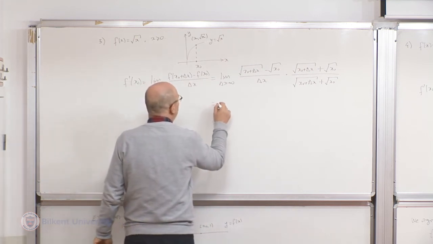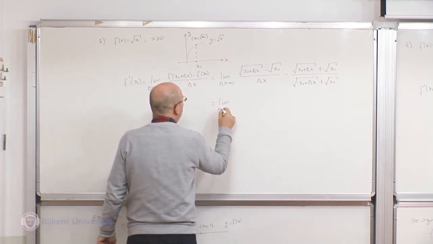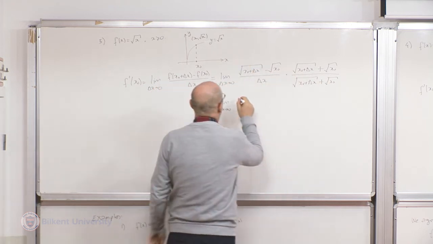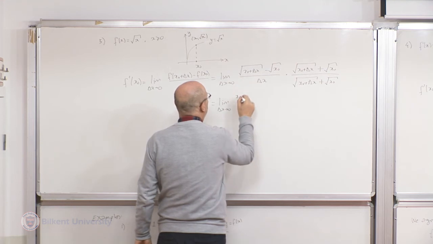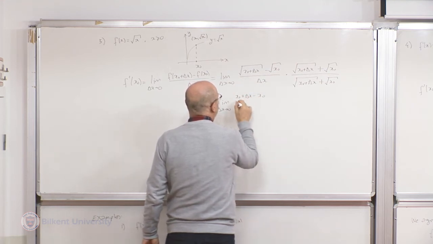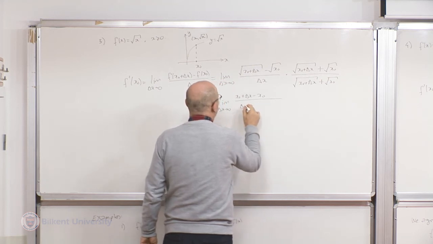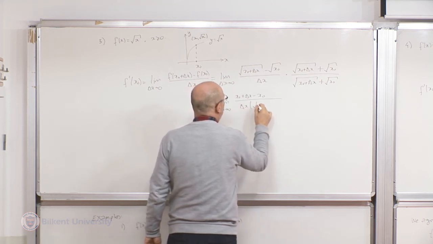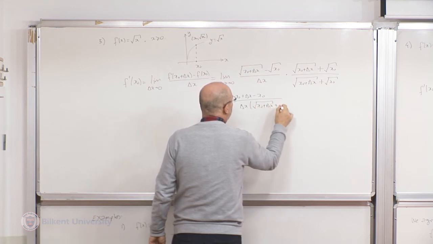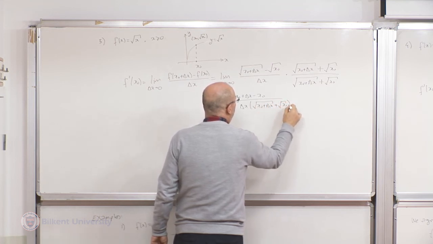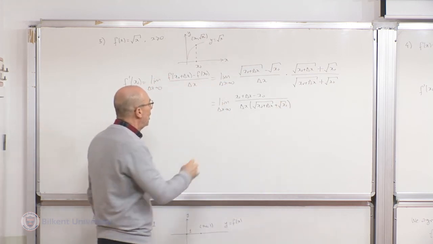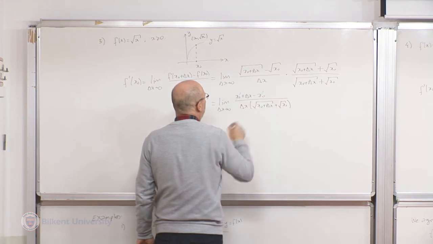So let's do this here. Limit as delta x goes to 0. Now when we multiply these things, we have the square of this, minus the square of this, divided by delta x times square root of x sub 0 plus delta x plus square root of x sub 0. Okay, so now everything looks good because these are conveniently dead.